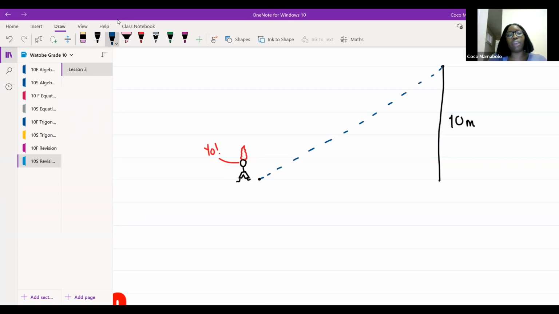And I know that from where I'm standing, the angle that's going to be made with my pin and the top of my flagpole is 30 degrees. Now I want to know, what is the length of rope I need to buy?